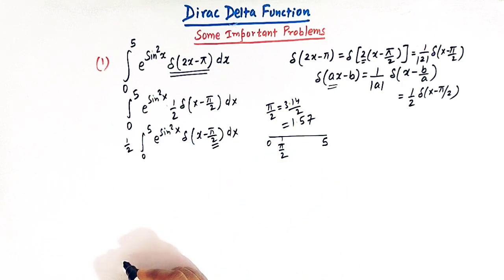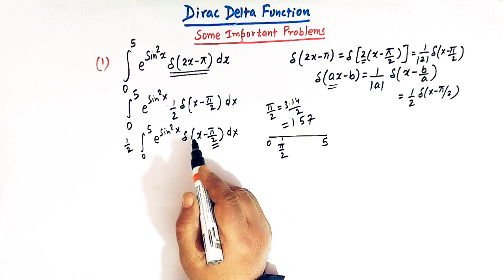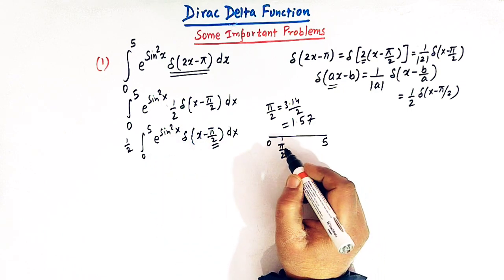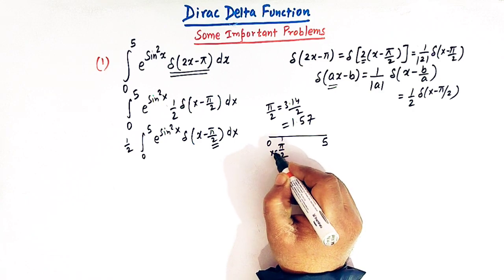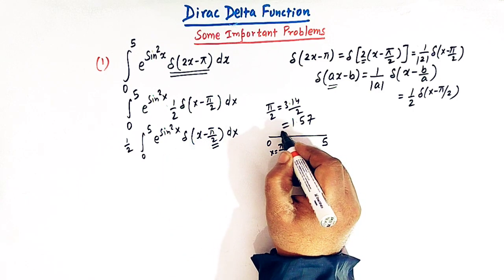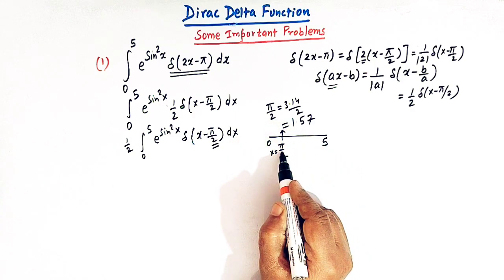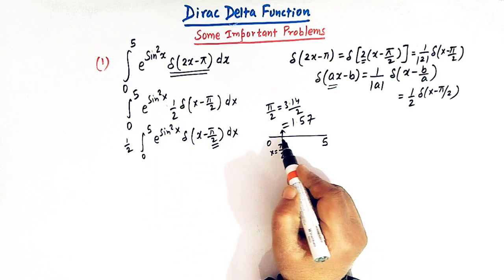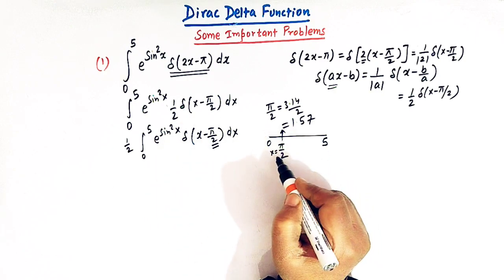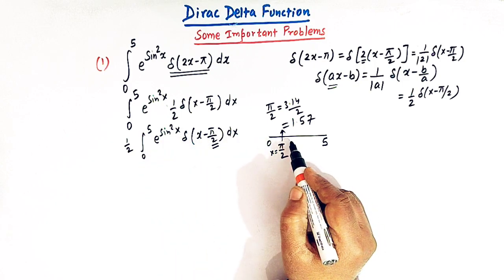Now according to the definition of the Dirac delta function, it takes a value only at this point, that is x equal to pi by 2. The spike exists only at this point, and for all other points except x equal to pi by 2, the delta function is 0.